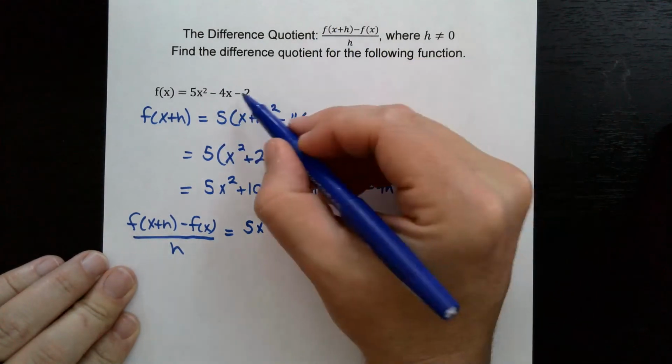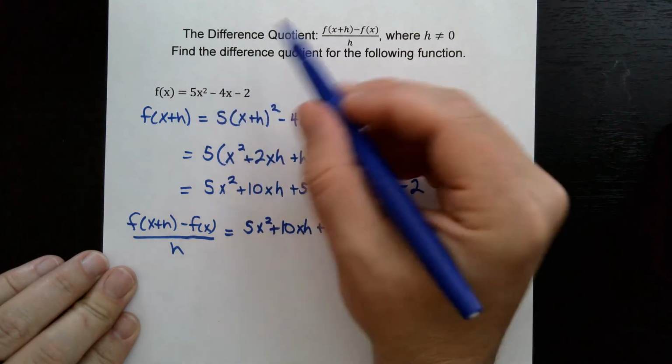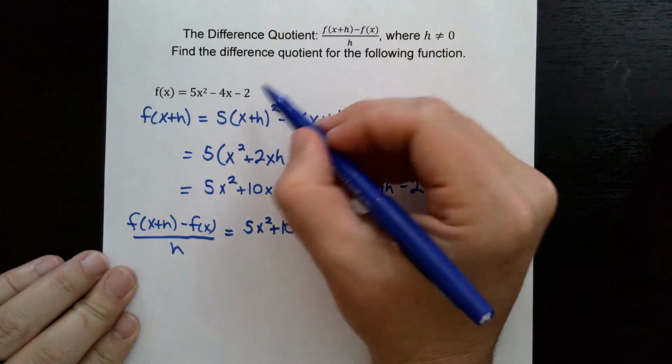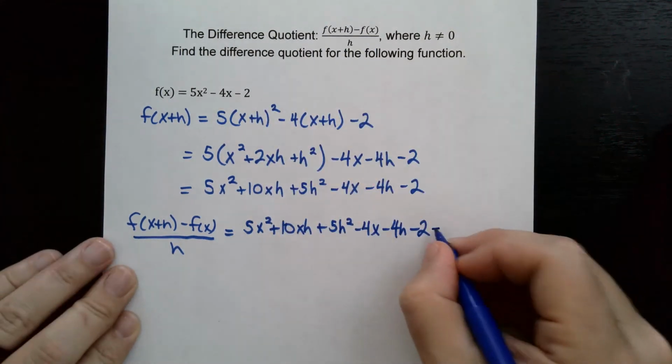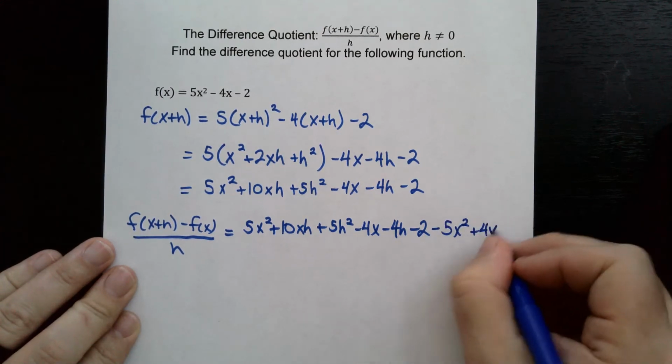So if I'm subtracting all this stuff, then that means I'll be minus a 5x squared plus a 4x, because we're subtracting a negative, and also plus 2. So minus 5x squared plus 4x plus 2.